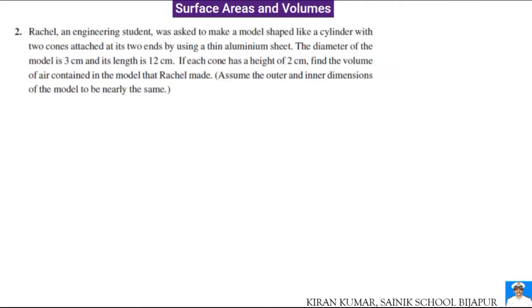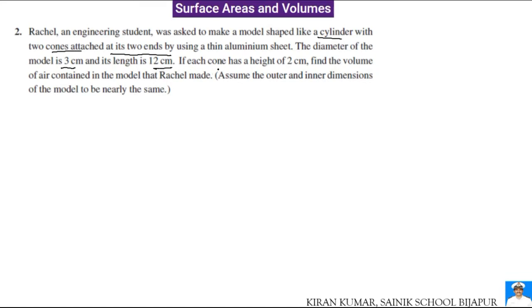Second question. Rachel, an engineering student, was asked to make a model shaped like a cylinder with two cones attached at its ends by using thin aluminum sheet. The diameter of the model is 3 centimeter and its length is 12 centimeter.